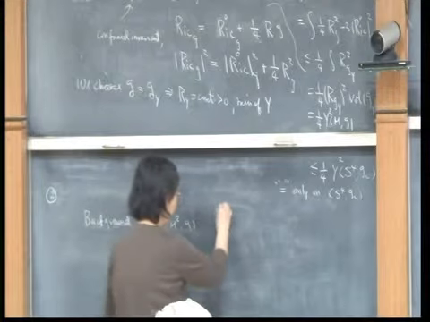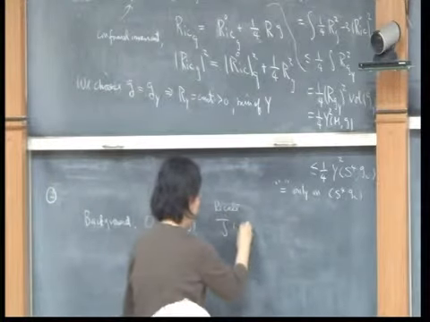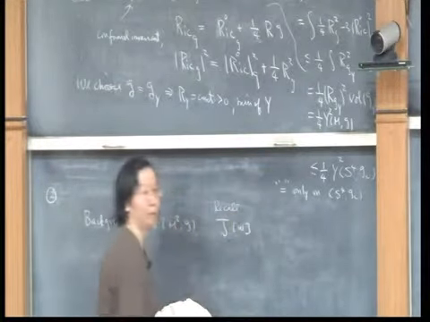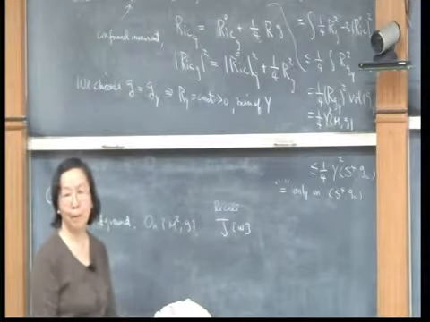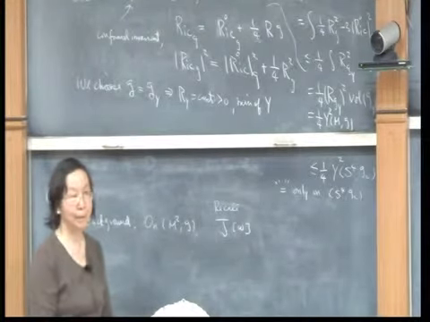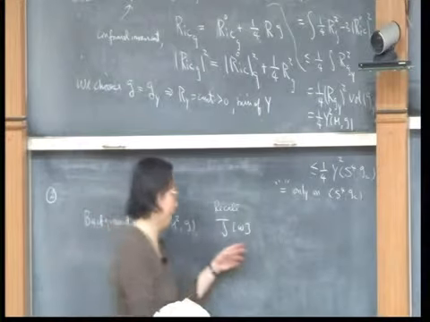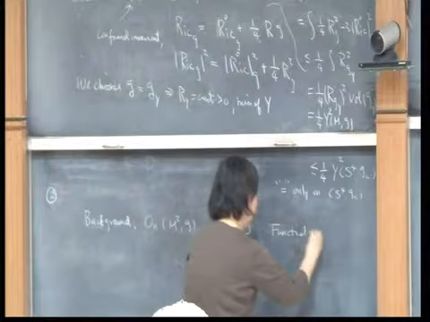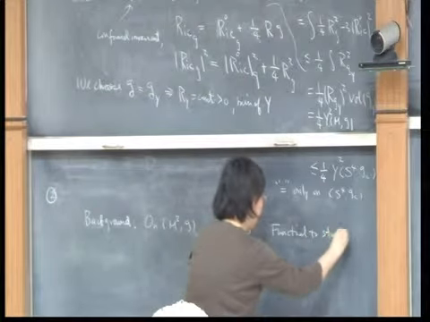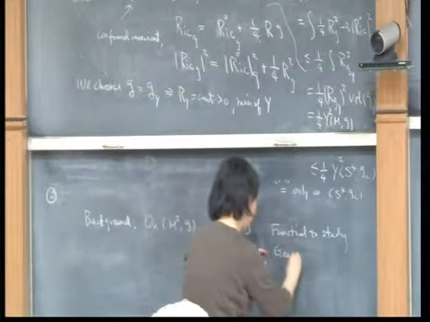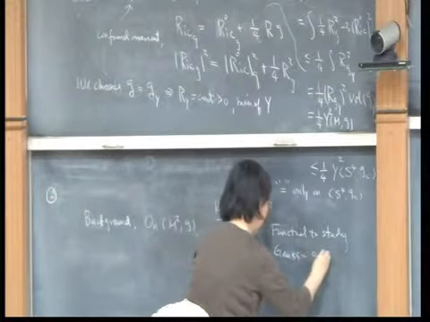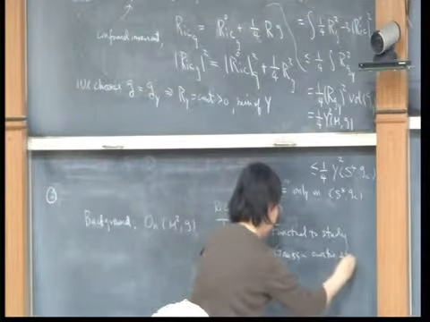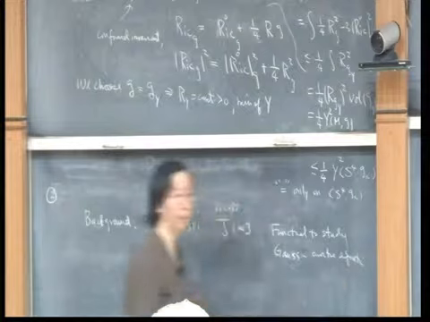Recall J of W. This is the functional whose Euler-Lagrange equation is the prescribing Gaussian curvature problem. It turns out that this is the functional to study the Gaussian curvature equation.